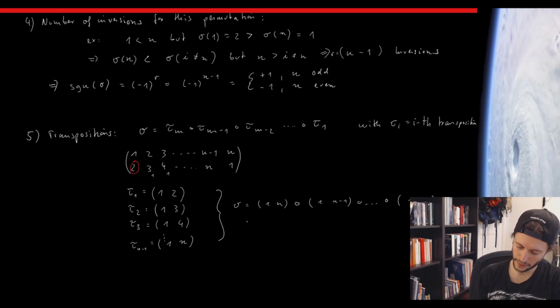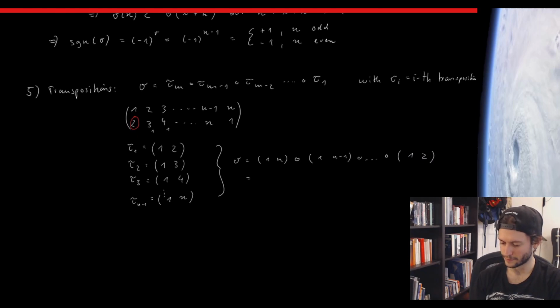Now, there's also a way in cycle notation, leaving out those compositions, but there we have to pay attention to the direction, because in composition language, you always start with the last one. In cycle notation, you just go regularly from left to right. So here we would have to do (1 2)(1 3)(1 4) until (1 n).